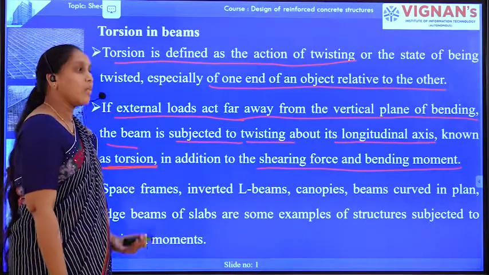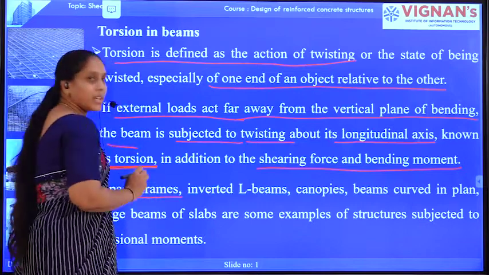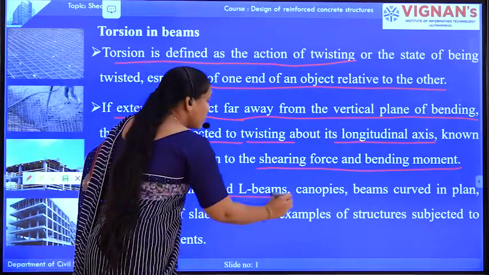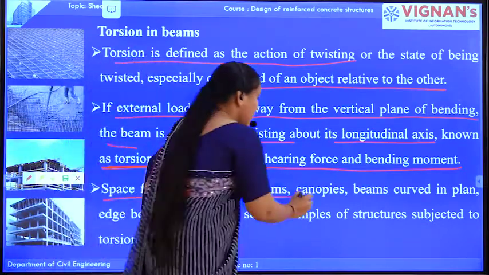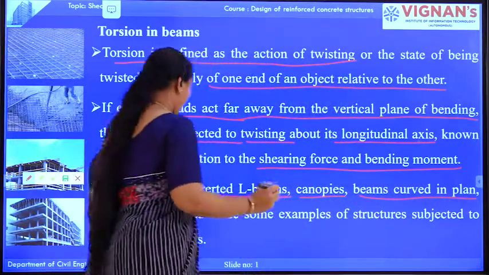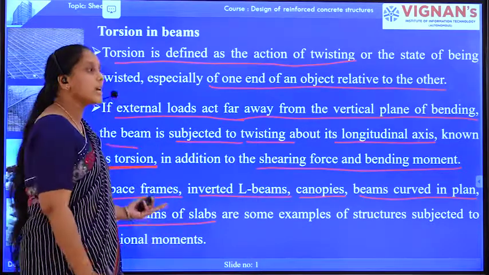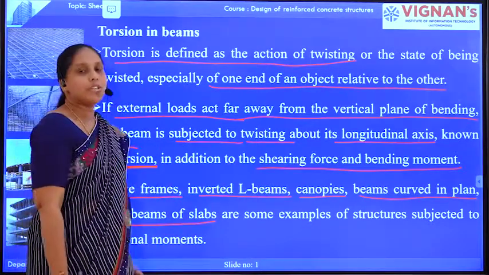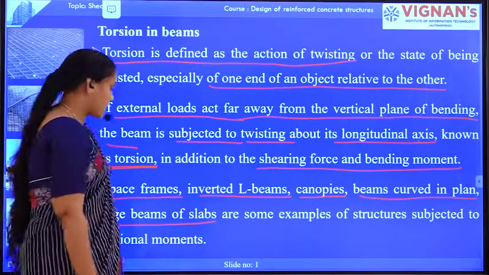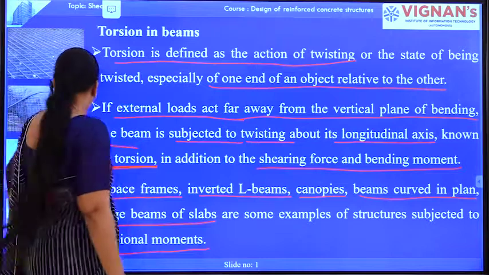So generally where can we see the torsion? The torsion can be seen in spaced frames, inverted L beams, canopies, beams curved in plan, and edge beams of slabs. These are examples of structures which are generally subjected to torsional moments.